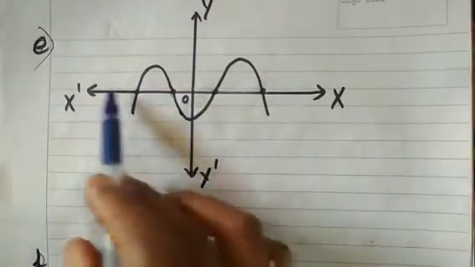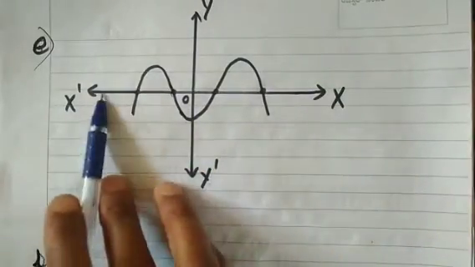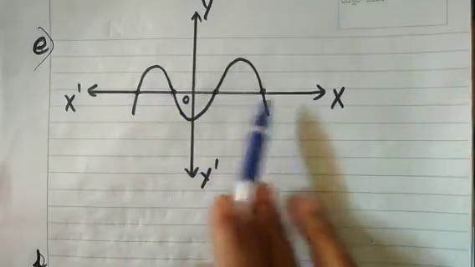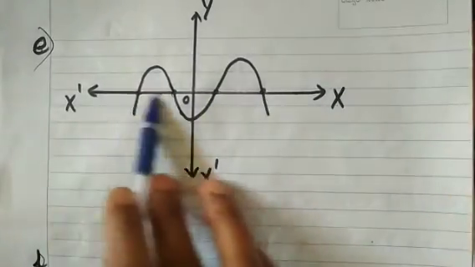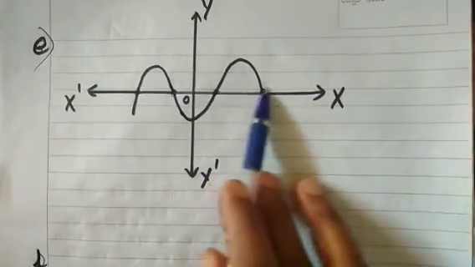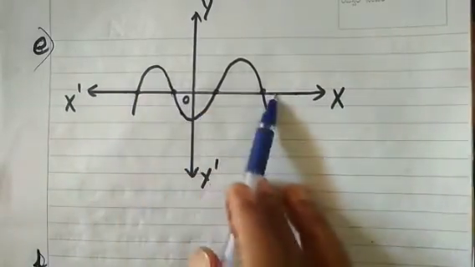The fifth graph, the number of zeros is 4: 1, 2, 3, 4, as the graph intersects the x-axis at 4 points.